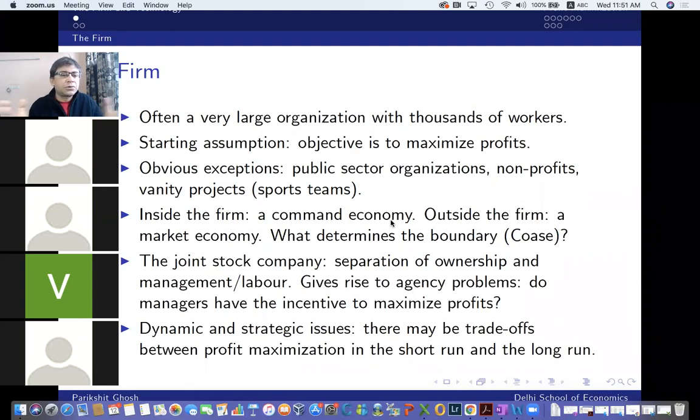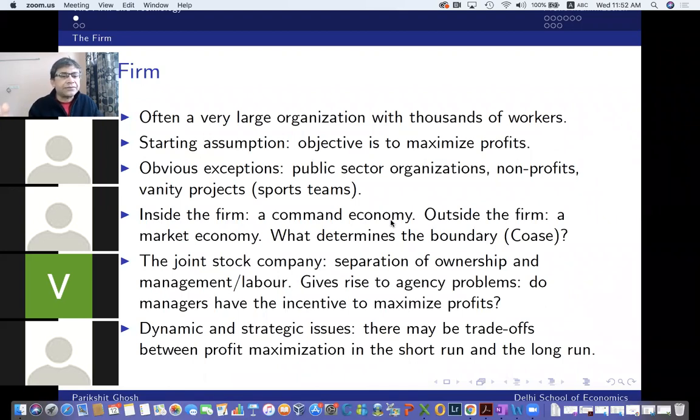So those don't come under this kind of analysis. Then there are NGOs, non-profit organizations. A leading example would be some microfinance institutions, who are relatively big players. They give out a large volume of loans, but their objective is to alleviate poverty, subject to breaking even, and so on.